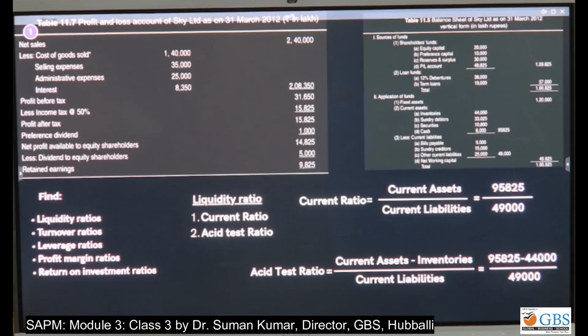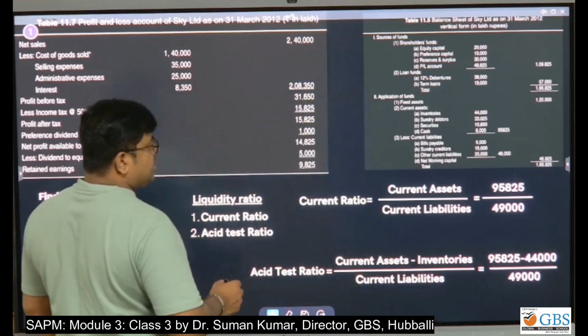Start with current assets. Find out where current assets come: profit and loss account or balance sheet? Yes, current asset is a part of the balance sheet.